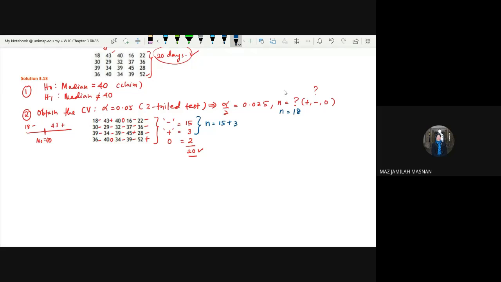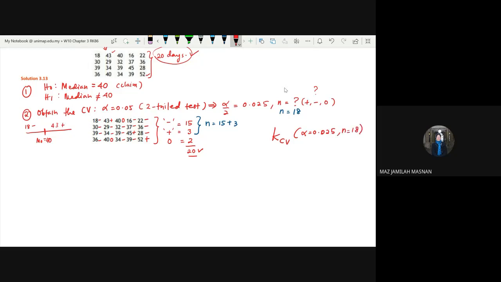From here you need to find your critical value, which is known as K critical value, based on alpha 0.025 and n equal to 18.